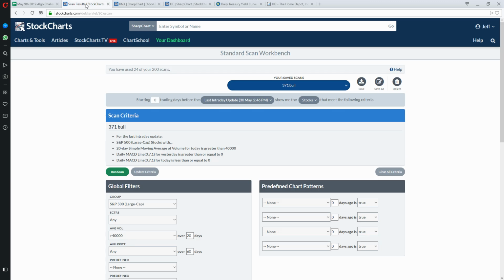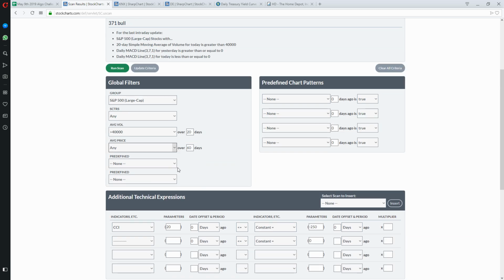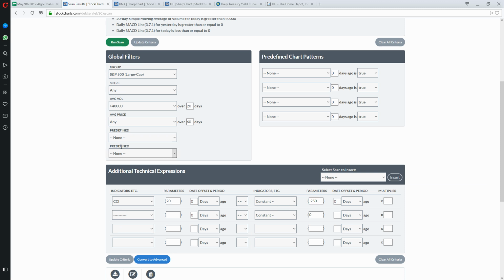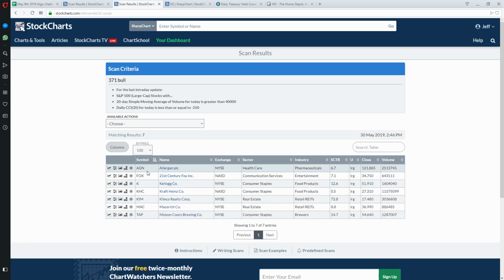There are some other stocks out there that are starting to get close, and we could run a scan and take a look at stocks whose commodity channel index, the CCI, today is less than or equal to minus 250. So we're just looking for S&P stocks where the CCI is below minus 250. And it'll pull up some of these. We have 7 of them.